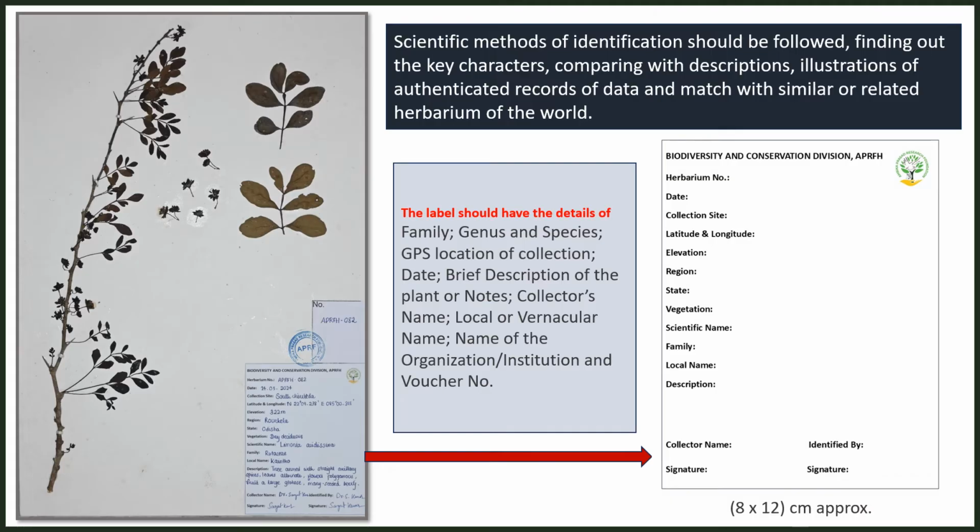So there are scientific methods of identification that should be followed: finding out through the key characters, comparing the descriptions and illustrations of authenticated records of data, and matching with similar or related herbaria of the world. This has to be done during the identification process, and you have to make sure that the label does not exceed approximately 8 to 12 centimeters in dimension.